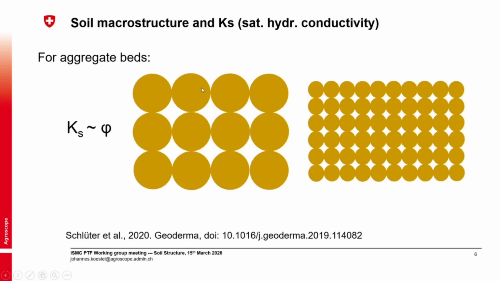But if you have an aggregate bed or seed bed, then it's rather the macroporosity that is best correlated with Ks, because then you don't have this one passage that dominates the flow through the whole sample. But you have several flow paths which are equally important.